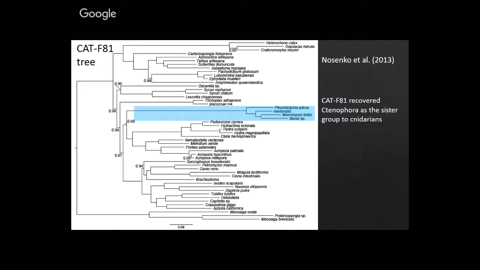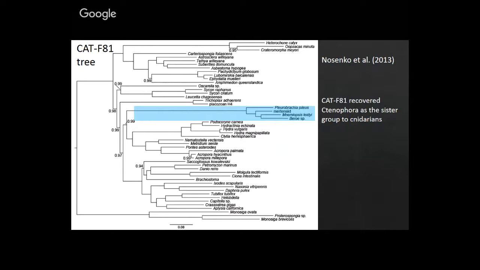In that case, when it performed incorrectly on one method, or with one data set, it pulled a lineage to a more derived position. And that seems to be what's happening here in terms of the placement of ctenophores. So I think given that, we can probably say with some degree of certainty that the CAT-F81 tree is the less accurate tree. And in that case, it recovered ctenophores essentially in the wrong spot.